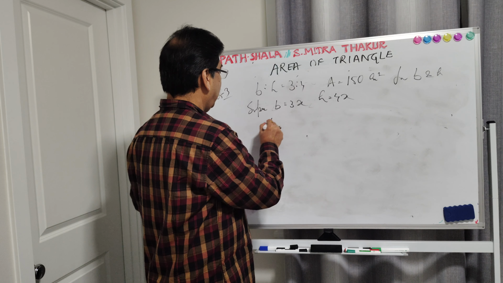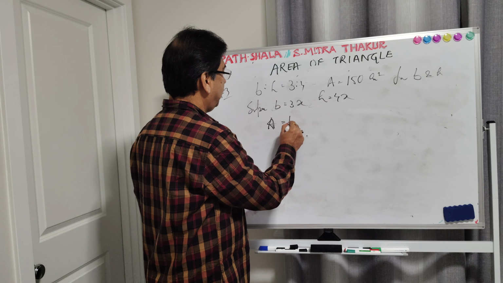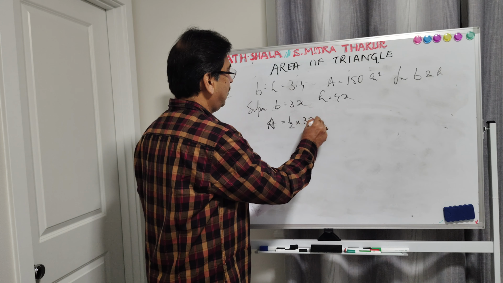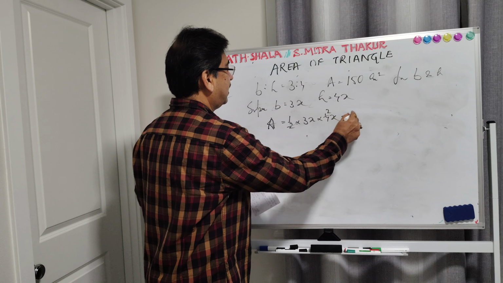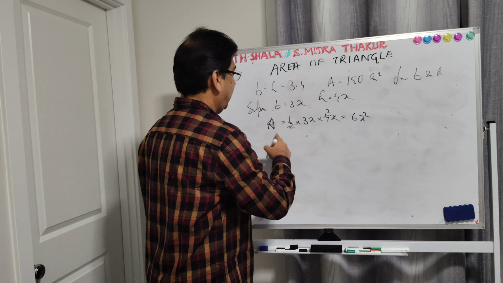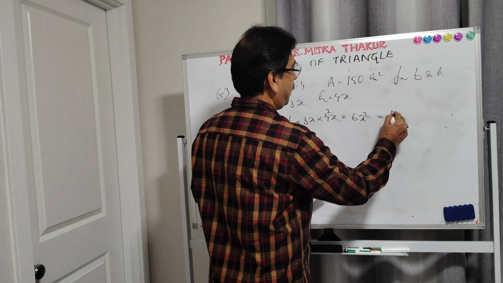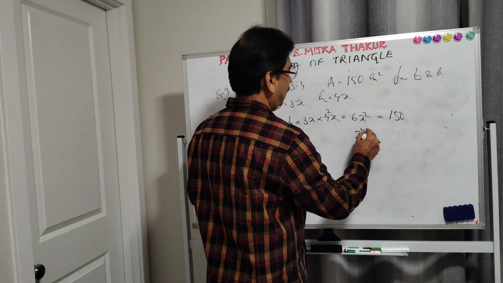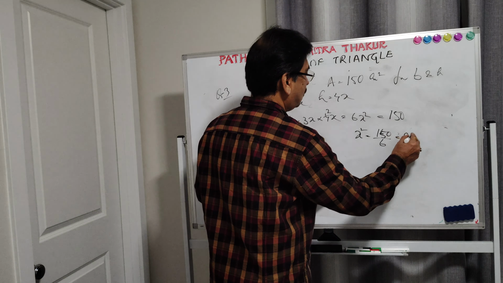So area will be half into base into height, which is 6x square. Area is equal to 6x square. 6x square is equal to 150, as the area is given. So x square is equal to 150 by 6, that is 25.